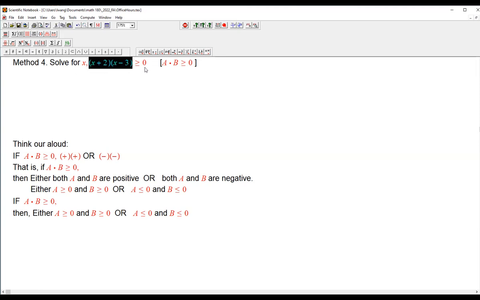If this product is greater than or equal to 0, of course, our A is x plus 2, B is x minus 3. So what will be the next step? Well, either this is true or that one is true, right?